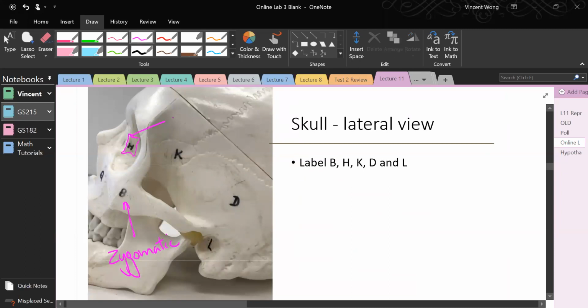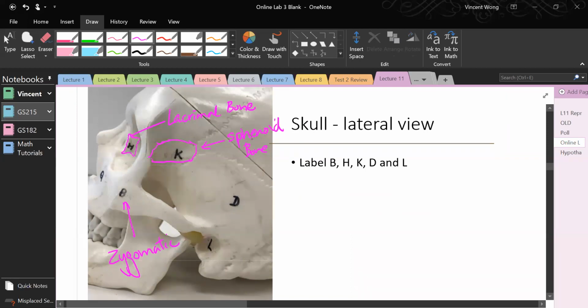That's the lacrimal. Your tear duct is in there. K, you can only see a little bit of it here, but that goes through the entire head and connects to the other side, forming the back of the eye socket. It's a sphenoid bone.